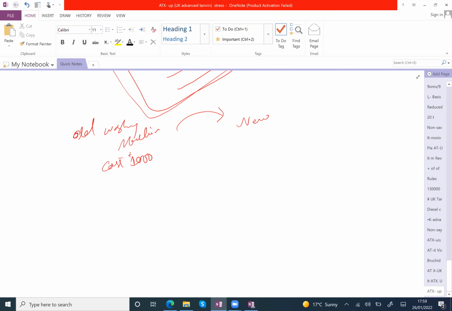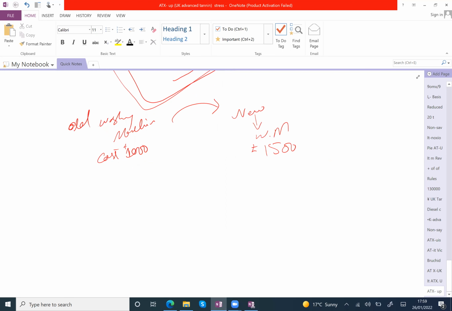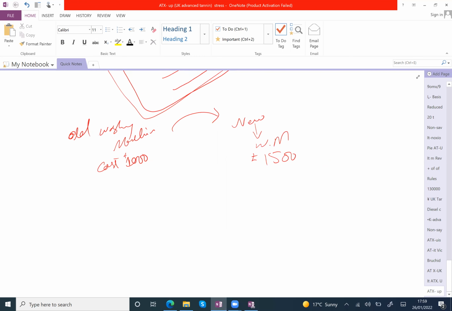More improved means, for example, a washer dryer attached, more features. So you are replacing it with a new washing machine with more features, and that costs you £1,500. So tell me, up to how much amount will you get the relief?